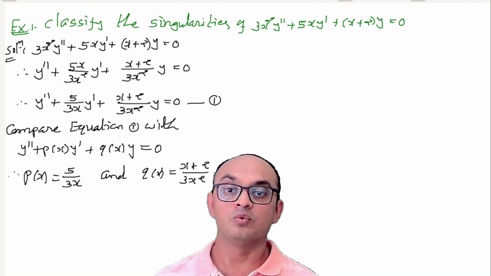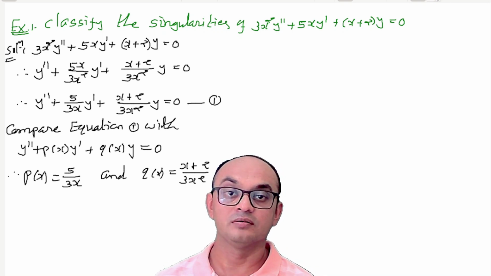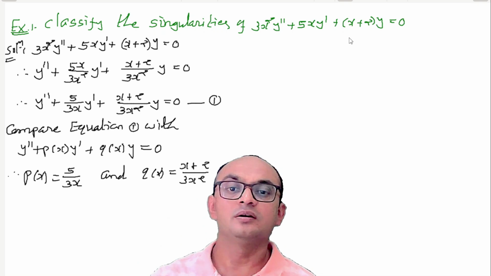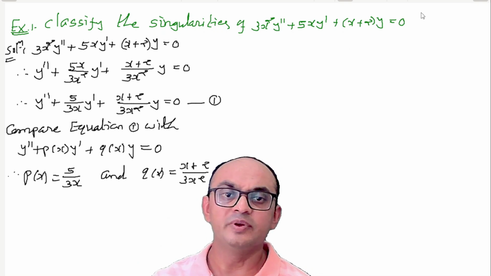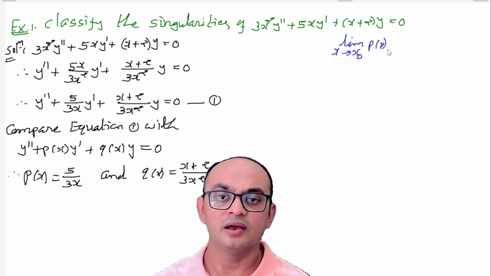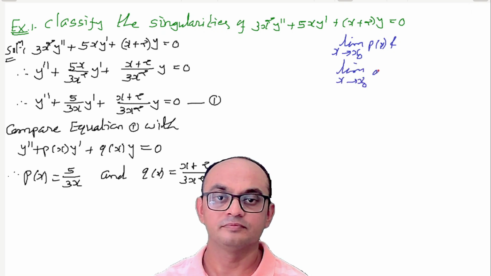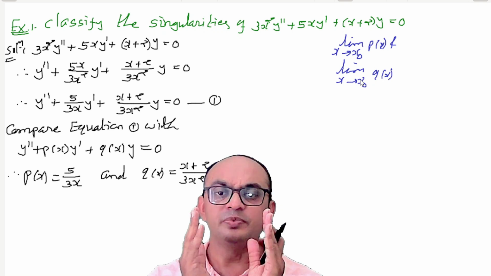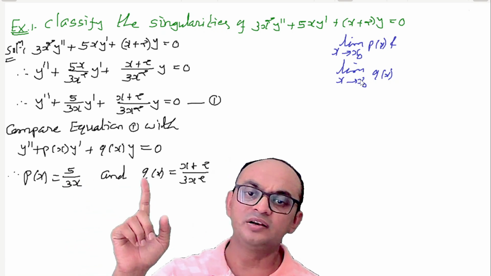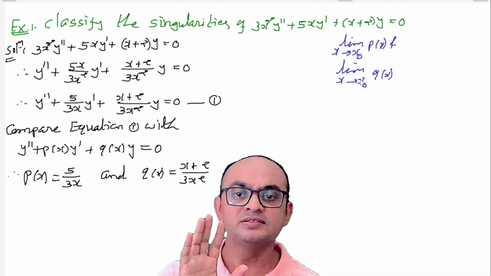Let me explain what is going on here. What do we mean by ordinary points? That simply means the limit as x tends to x0 of p(x) and the limit as x tends to x0 of q(x) exist. Right? Simply, we find the points where the function has values.